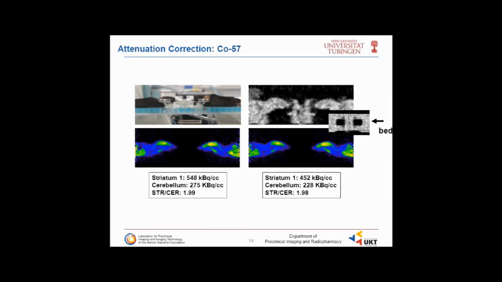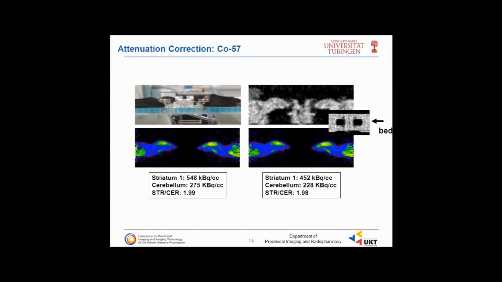So what happens is, over here, when you look at the absolute quantification, these are non-corrected images and these are attenuation corrected images. In a striatum, you have 548 kilobecquerel per cc, and over here in a striatum, 455. So these are not corrected. And the same is over here, the cerebellum. You see that you make a quantification error.